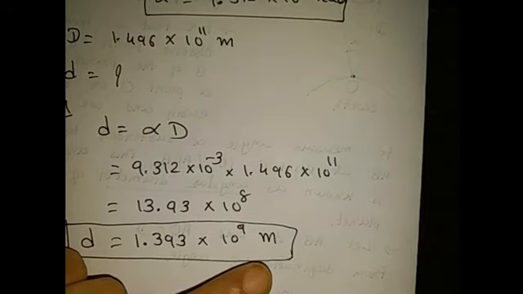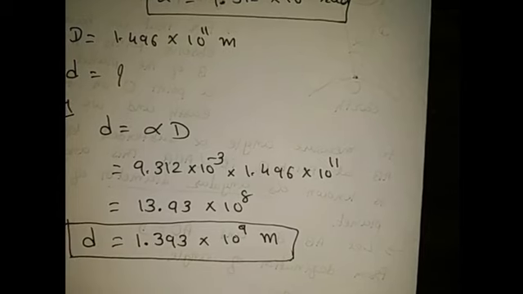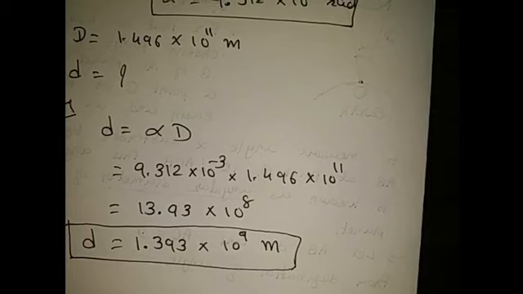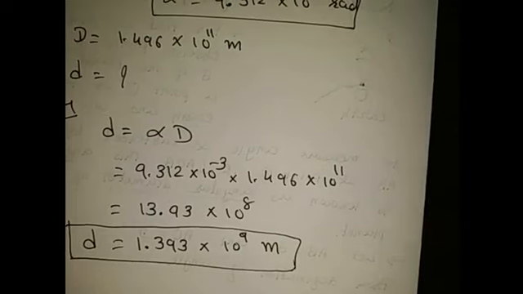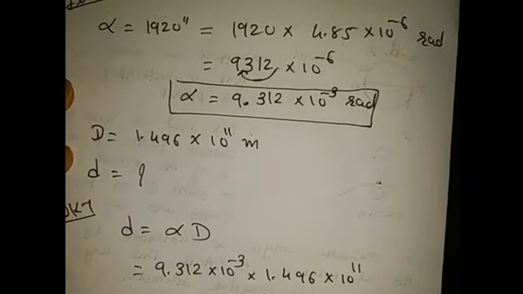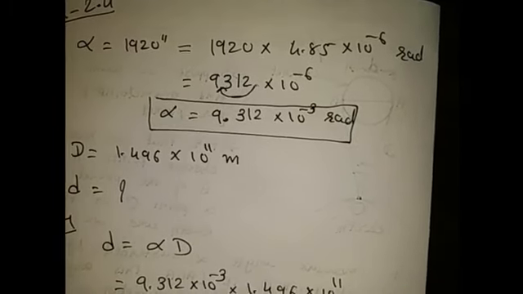Generally half marks is deducted due to wrong unit or not putting a unit. So you have to be careful and cultivate the habit everywhere. You have to put appropriate unit. Okay, so this is my diameter of the sun. Now you have to pause the video and note down this numerical.